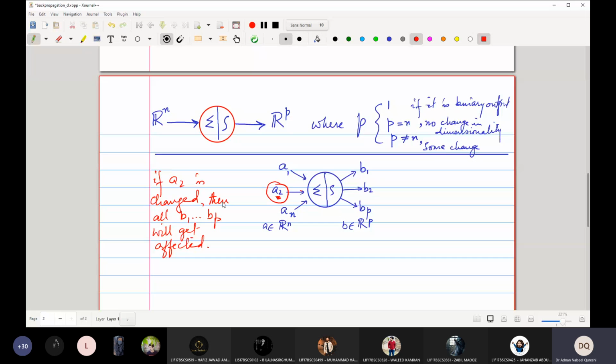No, it is going to affect. Affect means to have an impact on it. One change in A2 will affect all of these. All the B's are going to get affected. Did you understand, or should I explain more? Understood, sir. All of these.